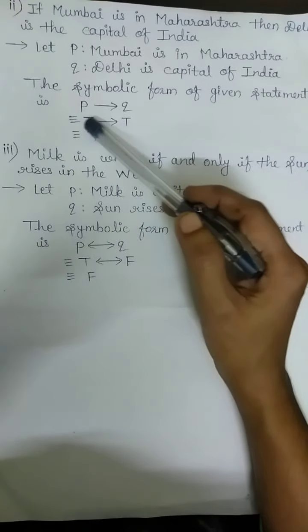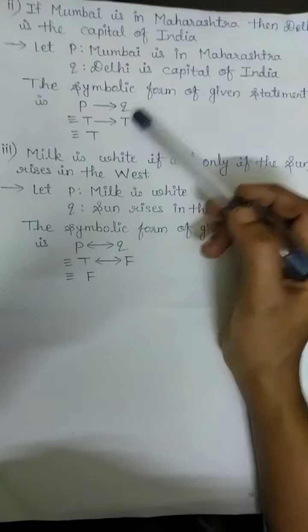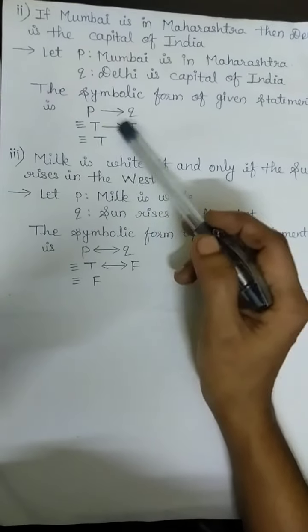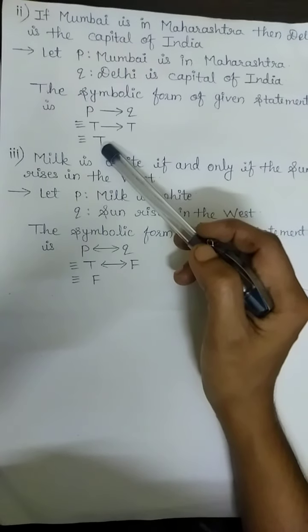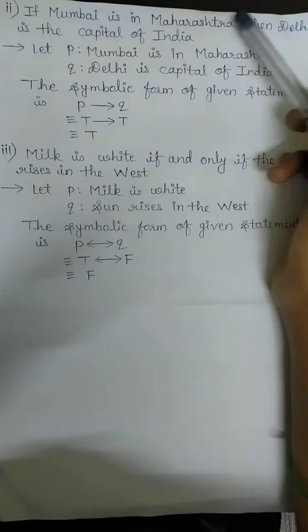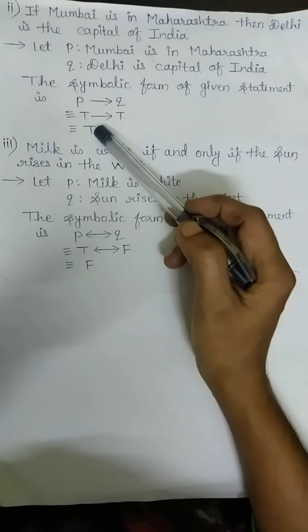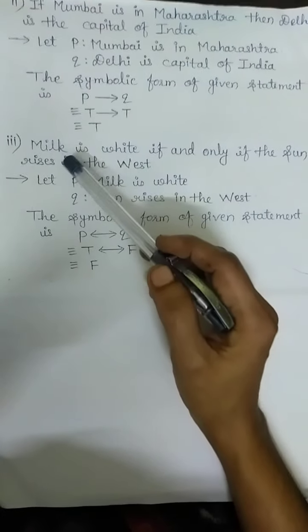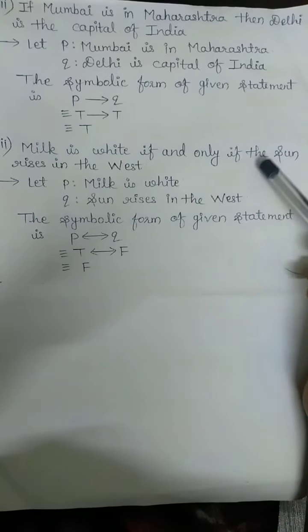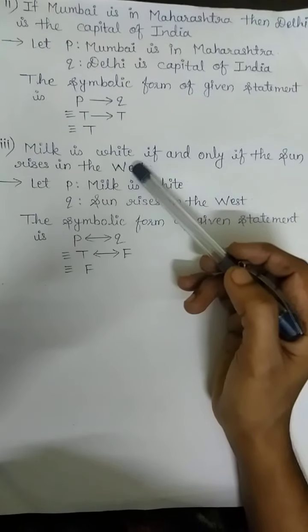Now in the truth table of if then we will check the answer for this. When both statements are true, then the answer is true. Therefore the truth value of the given compound statement is true. One more example: milk is white if and only if the sun rises in the west.